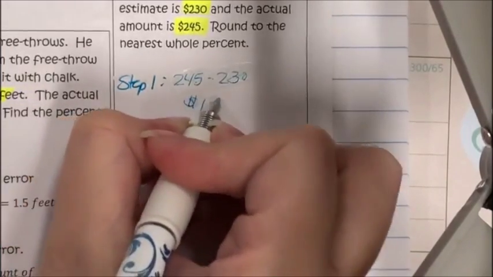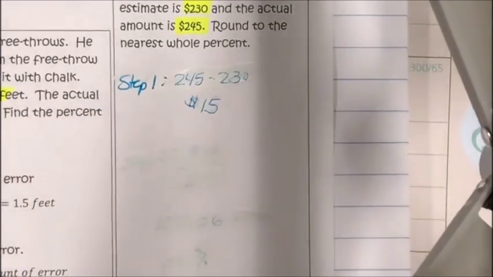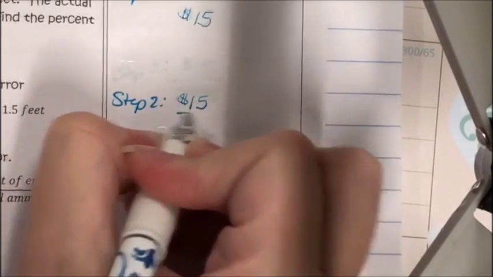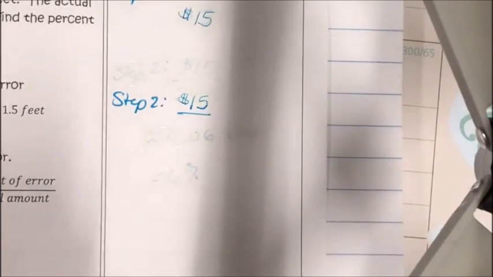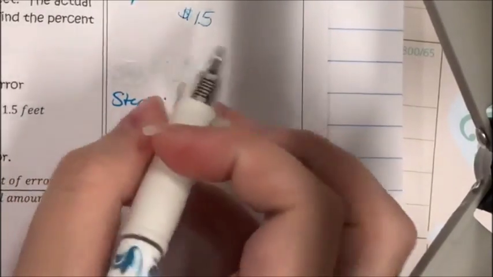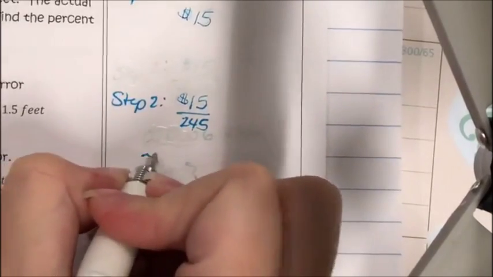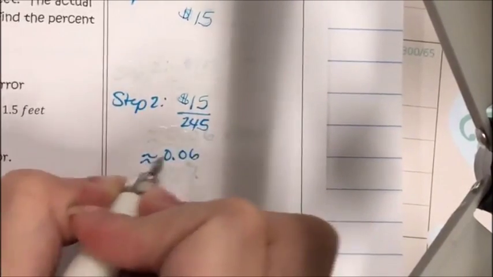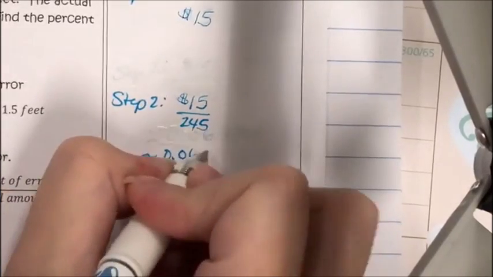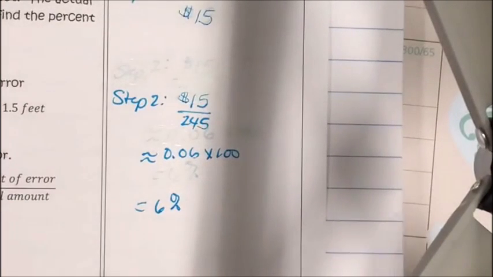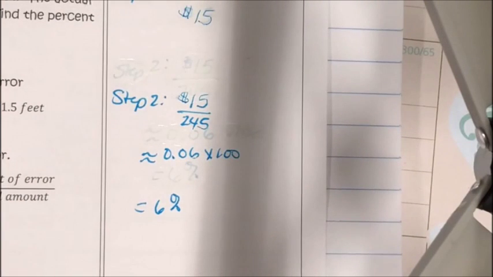When I do that, I get $15. Now, step two tells me I'm going to take the $15, which is my amount of error, and I'm going to divide it by the actual amount, which was 245. When I do this, I get approximately 0.06. When I multiply that times 100, I get 6%. And that is the end of lesson 5.